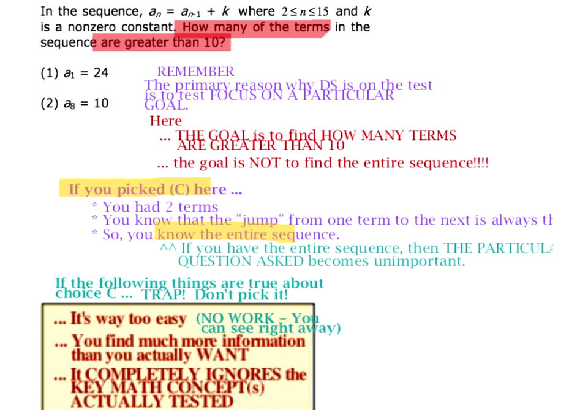Okay, so there's 3 red statements here, right? It's way too easy. You find much more information than you actually want, and it completely ignores the key concepts. Notice this is way too easy in this problem. If you have both statements together, you have the whole sequence without even really trying.